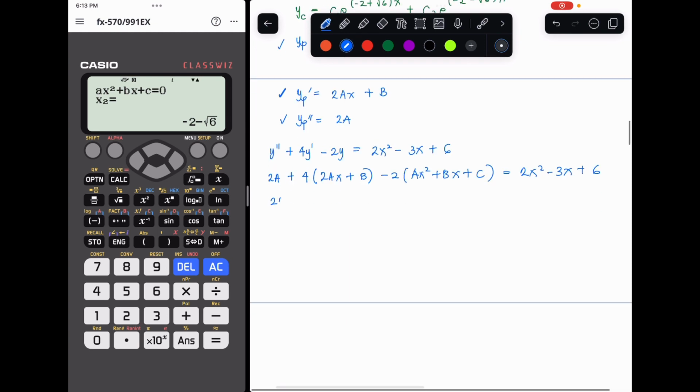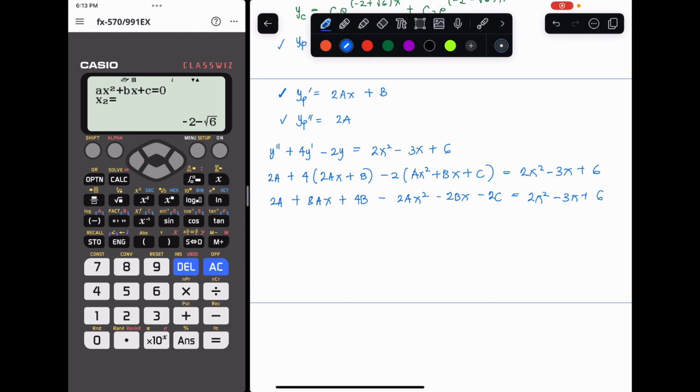That gives us 2a plus 8ax plus 4b minus 2ax squared minus 2bx and minus 2c equals 2x squared minus 3x plus 6.